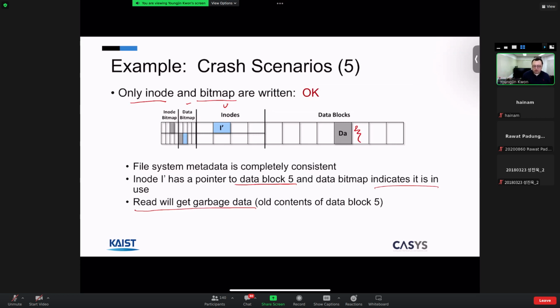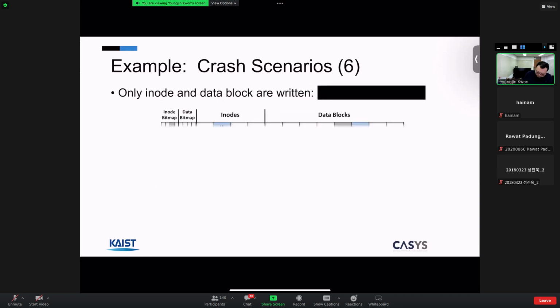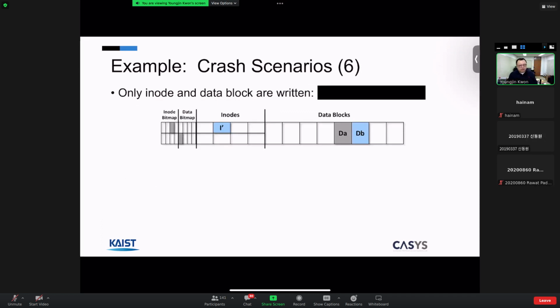So in this case the file system defines this state as consistent. Sometimes after a bad file system crash, you read garbage data because of this problem. The inode and data bitmap are correctly persisted, but the data blocks are yet to persist, so you may read garbage data. This is the typical case.